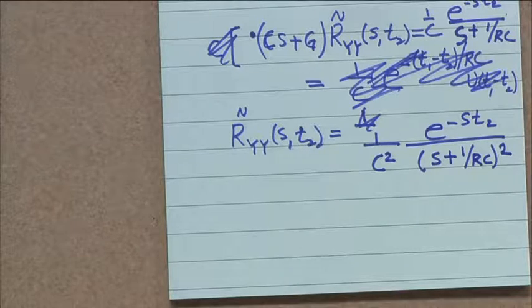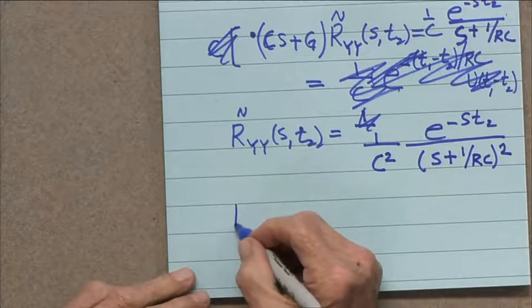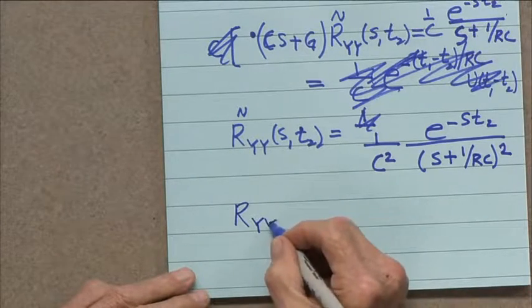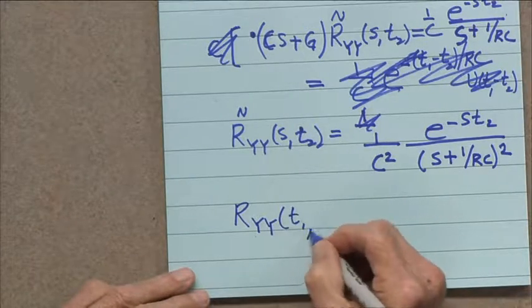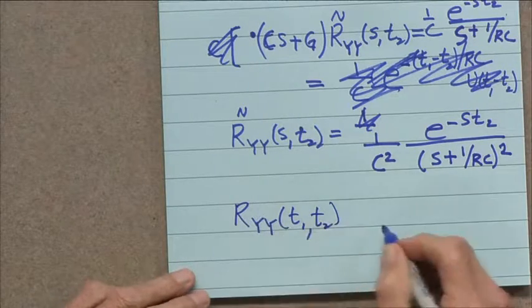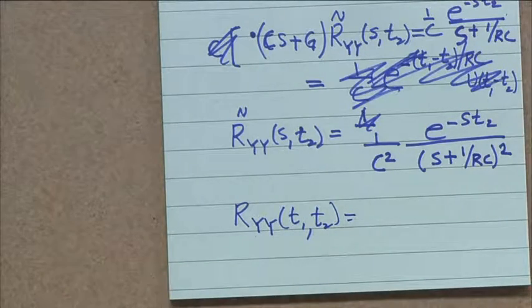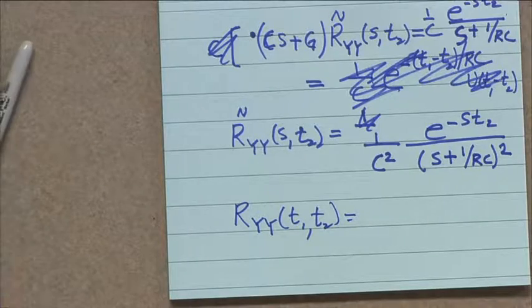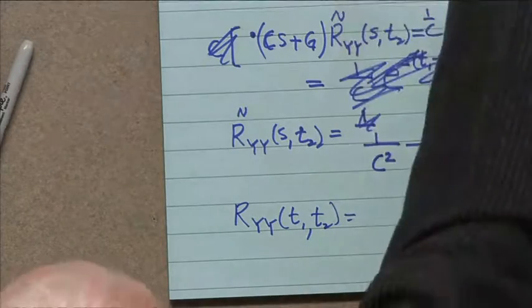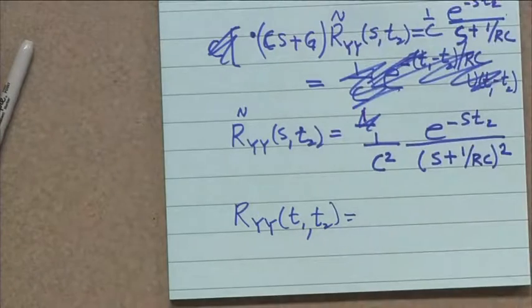Isn't that something? So R_YY T1, T2 is the inverse Laplace transform of that. Oh, I left off the 1 over C, didn't I?